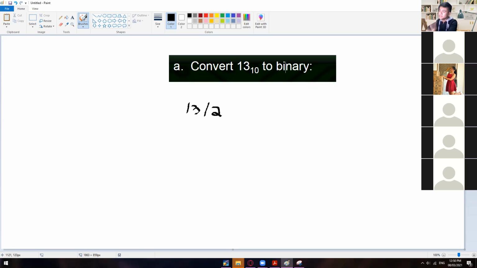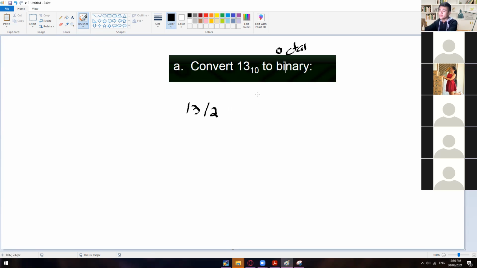If it's asking us to convert this one into, let's say, octal, then my divisor right here is 8. So as you can see, whatever base it is asking us to convert to will serve as your divisor. All right, and in here it is asking us to convert it to binary, so our divisor is 2.